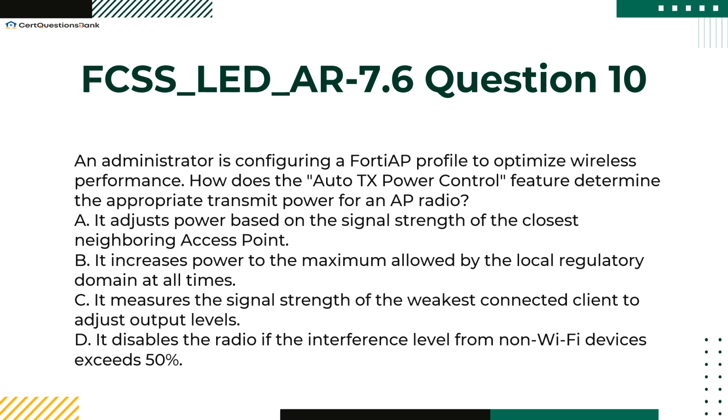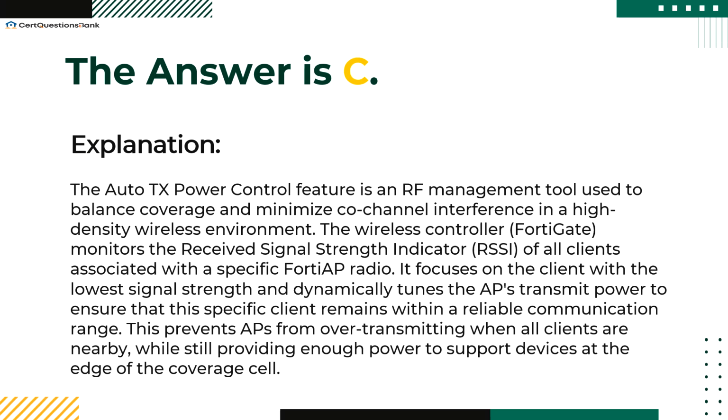B. It increases power to the maximum allowed by the local regulatory domain at all times. C. It measures the signal strength of the weakest connected client to adjust output levels. D. It disables the radio if the interference level from non-Wi-Fi devices exceeds 50%. The answer is C.